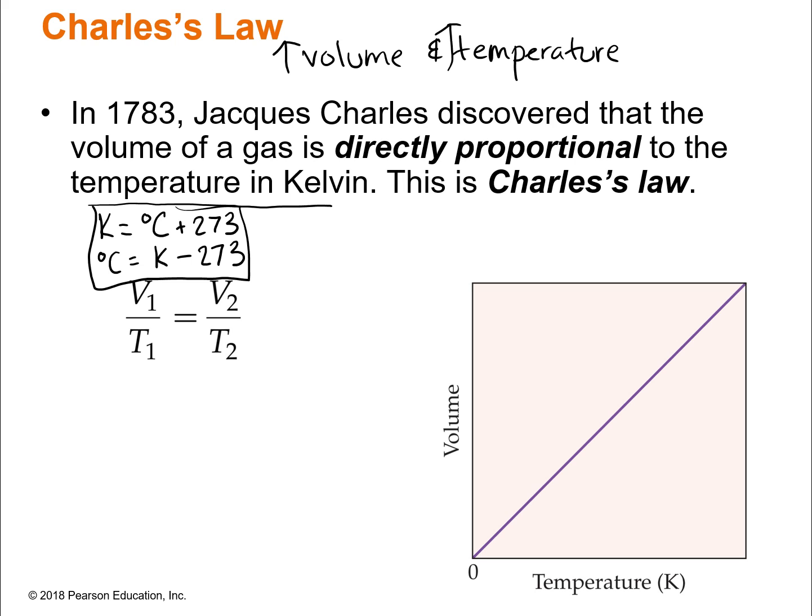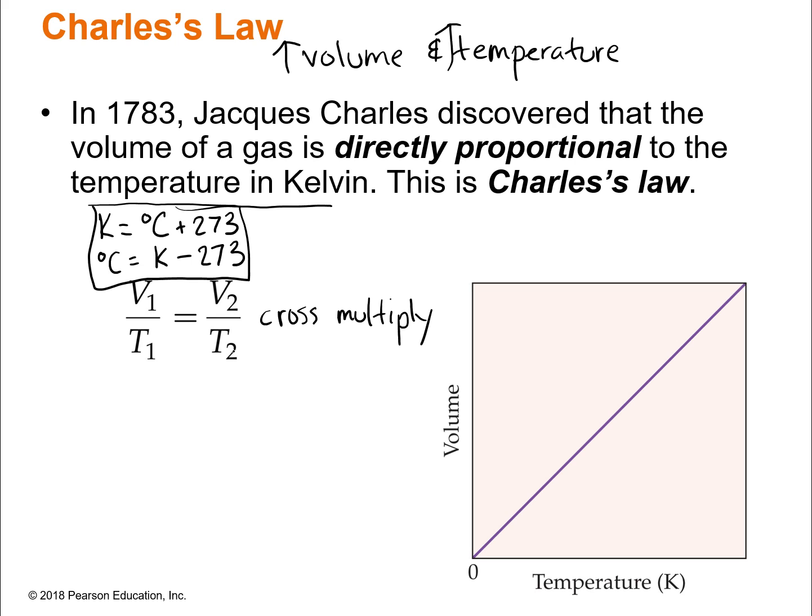The law, in terms of the equation, is a proportion. V1 over T1 is equal to V2 over T2. In its current state, not exactly helpful. So you'll need to cross multiply before you can do anything with it. On the equation sheet, you will get what you see here. V1 over T1 is equal to V2 over T2.